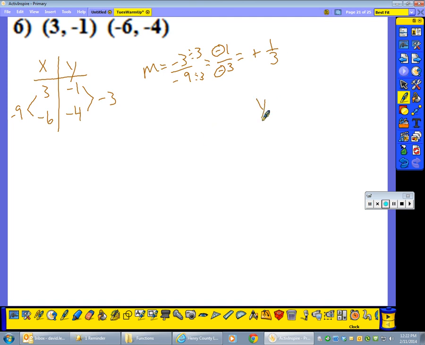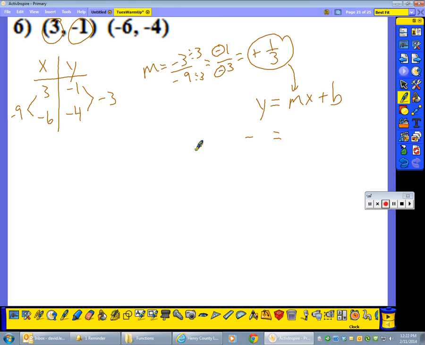So now I'm going to find out what my y-intercept is. Y equals mx plus b. And I'm going to sub in that 1/3 for m. And then I'm going to sub in 3 for x and negative 1 for y, because those are my x and y values.